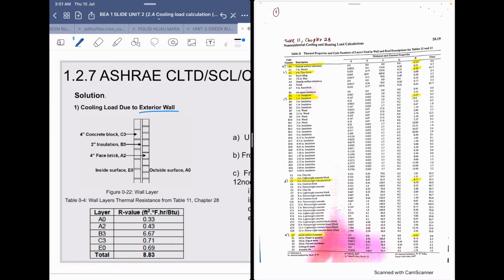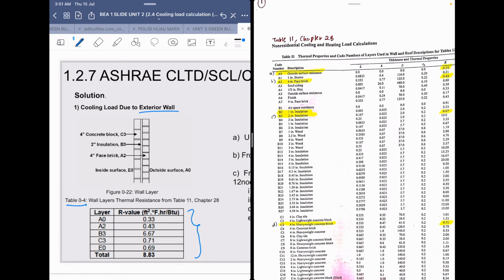As you can see, wall O4 consists of one layer of thermal resistance that can be seen in Table 11, Chapter 29, ASHRAE 1997 Fundamentals. So these R values for all those layers can be obtained from Table 11, Chapter 28, 1997 ASHRAE Fundamentals.